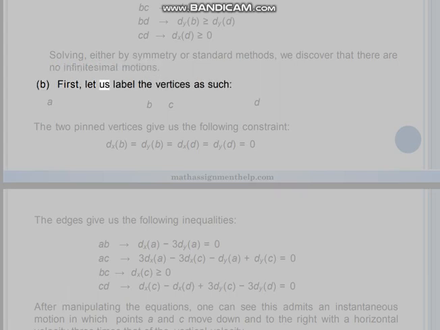B. First, let us label the vertices as such, A, B, C, D. The two pinned vertices give us the following constraint: dx_B = dy_B = dx_D = dy_D = 0.